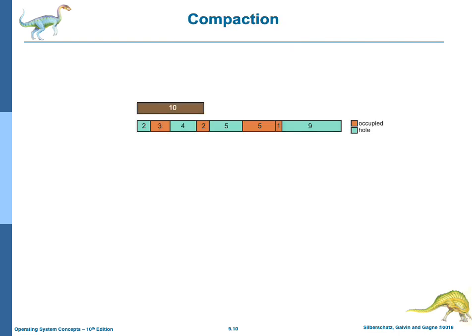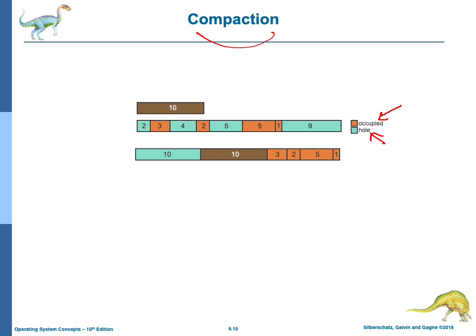One possible solution to fragmentation is compaction. So the idea with compaction, we're presented with some allocated partitions and empty ones. Compaction means to shuffle the memory contents in order to move the allocated partitions to one side and merge the free partitions on the other side.